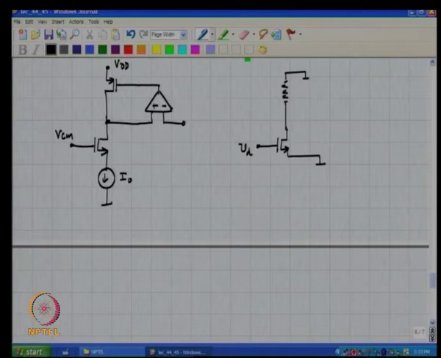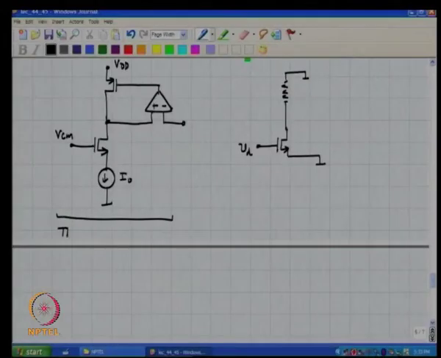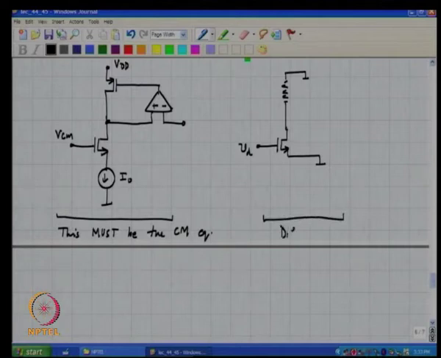So, what do you suggest we do? So, in other words, this must be the common mode equivalent and this must be the differential mode equivalent.